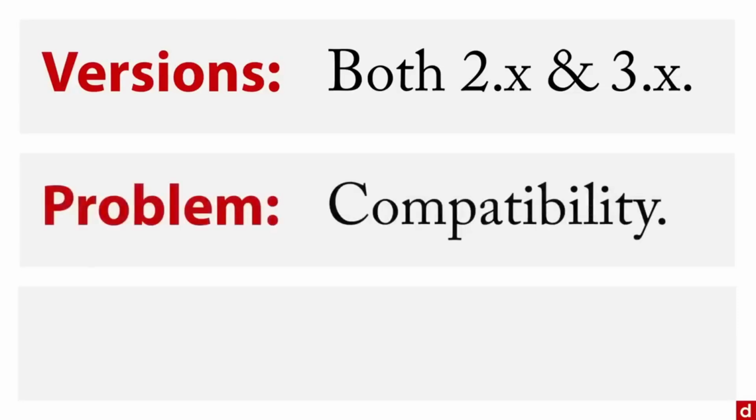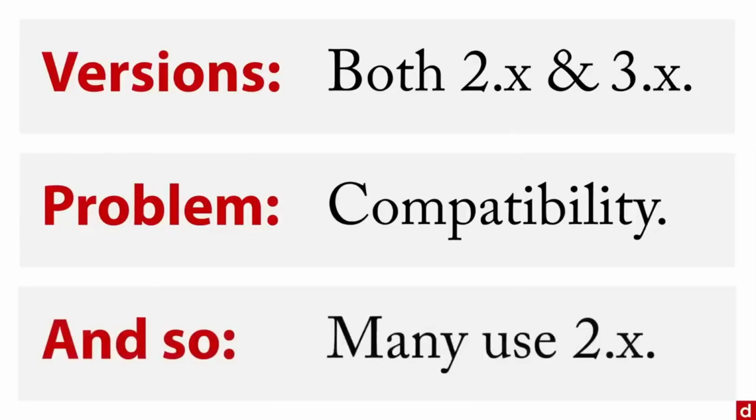There are some compatibility issues where code that runs in one does not run in the other. And consequently, most people have to choose between one or the other. And what this leads to is that many people still use 2.x. I have to admit, the examples that I use, I'm using 2.x because so many of the data science packages are developed with that in mind.